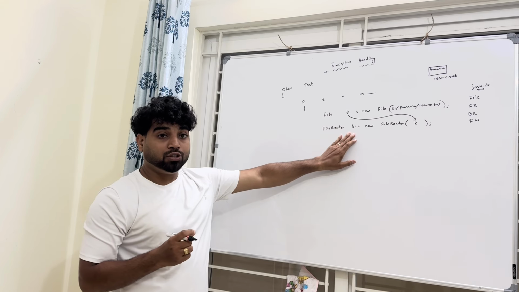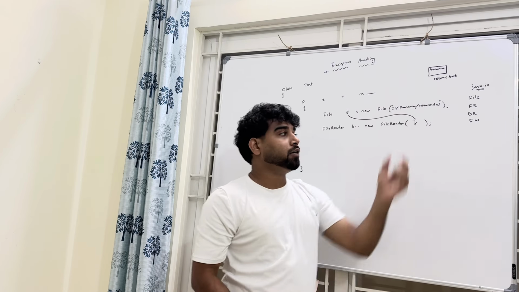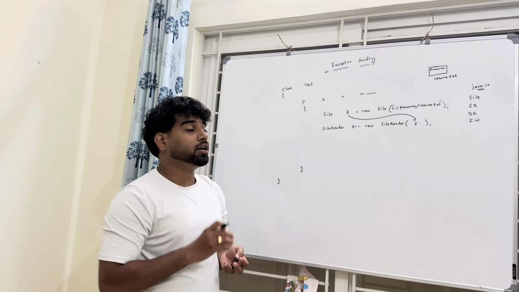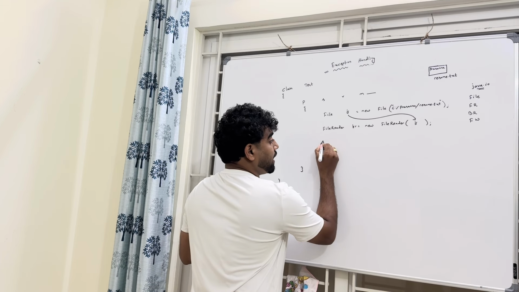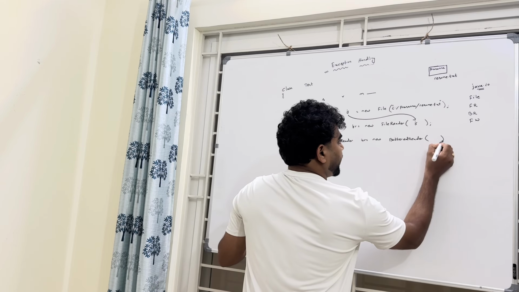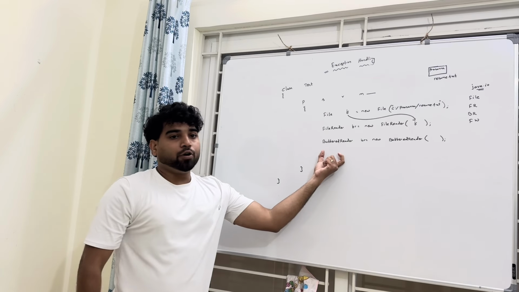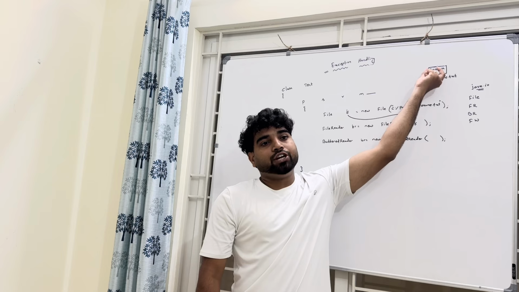Again, if you are using only FileReader, you will be able to read only one character after another. How can you read a file in bulk? That is why there is another class, BufferedReader: BufferedReader br = new BufferedReader. By using this BufferedReader you will be able to read a whole line of content.